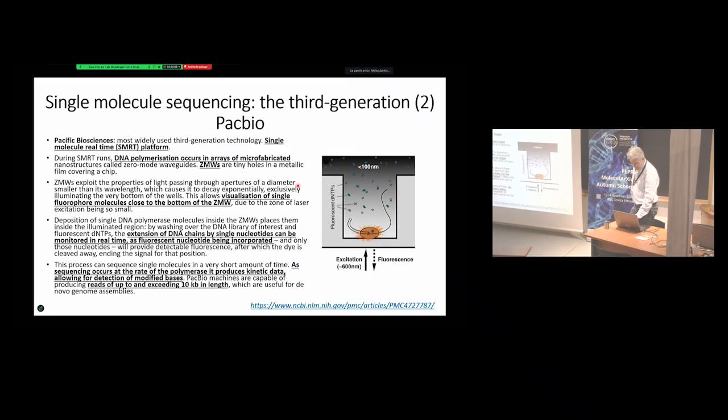The next player has been PacBio. PacBio introduced a new platform that was called the single molecule real-time platform. In this system they use microfabricated nanostructures.